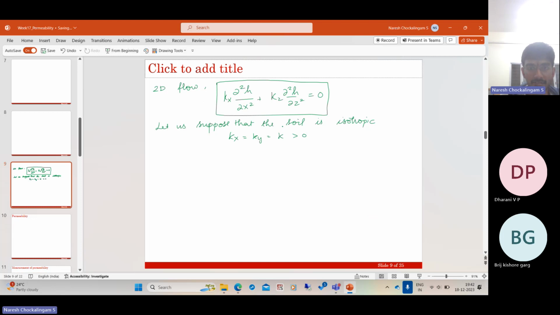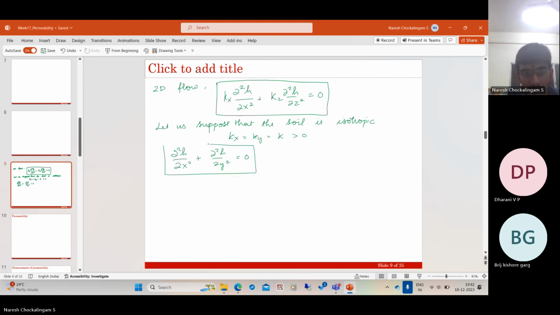So K is greater than 0. So you can cancel it out on both sides and you are left with dou square h by dou x square plus dou square h by dou y square is equal to 0. And what is this? This is the Laplace equation. This is the planar Laplacian. So this is the Laplace equation for the potential head.